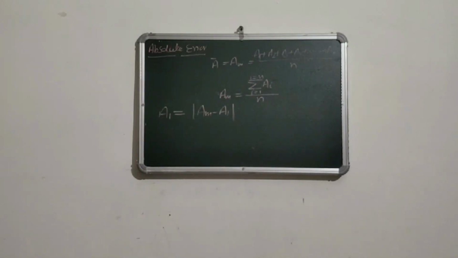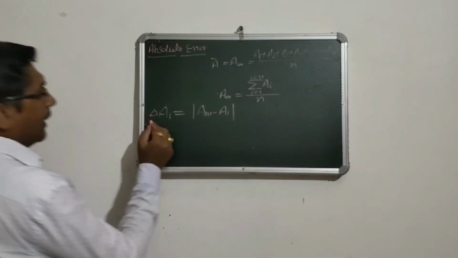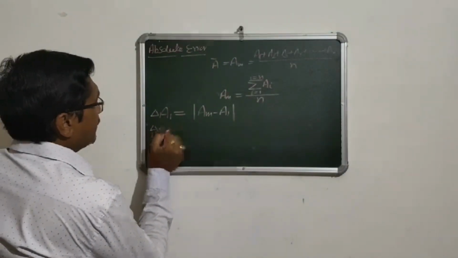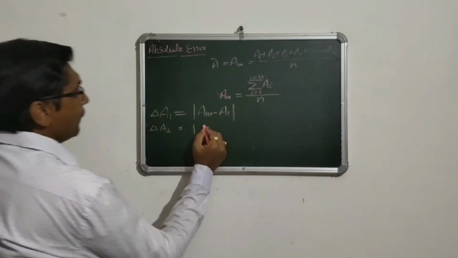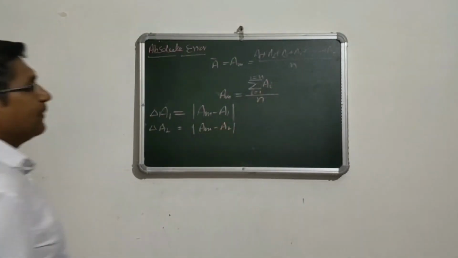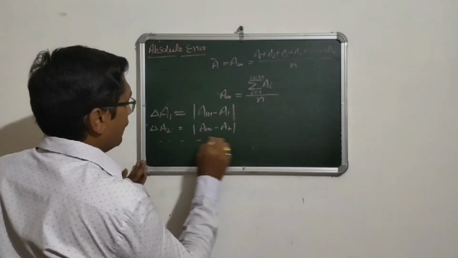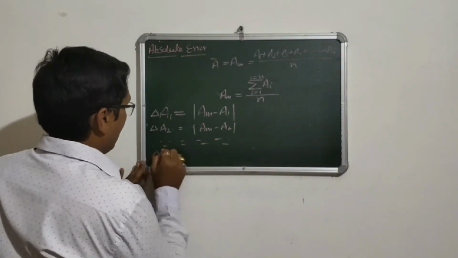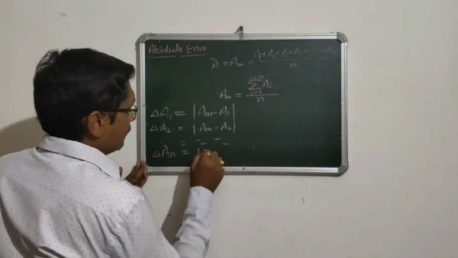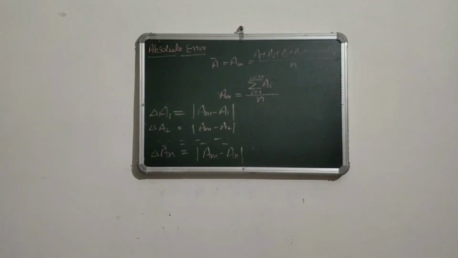Similarly, the absolute error in the second observation is the modulus of A mean minus A2. That means absolute error is always considered positive. If it is negative, it is converted into a positive term. Similarly, we can find the other values: delta An is equal to the modulus of A mean minus An.